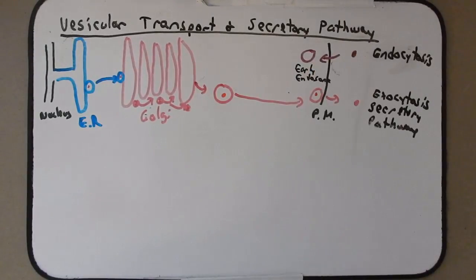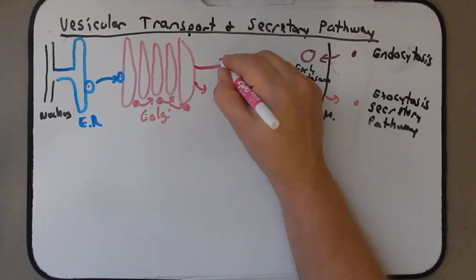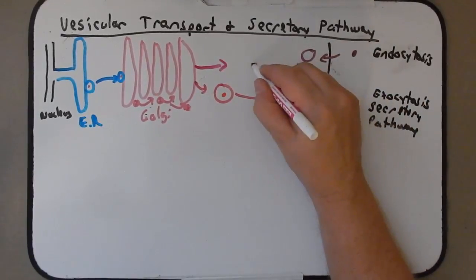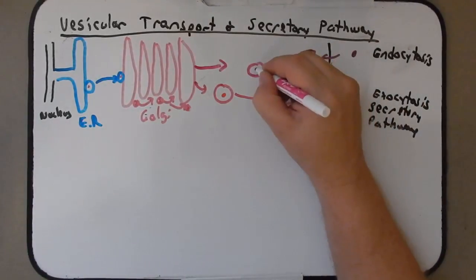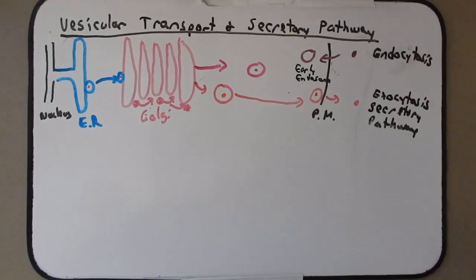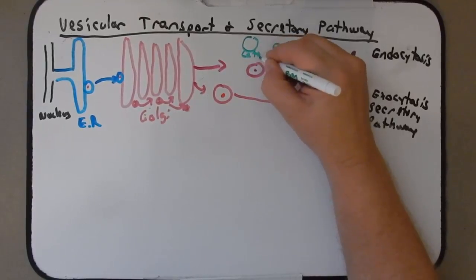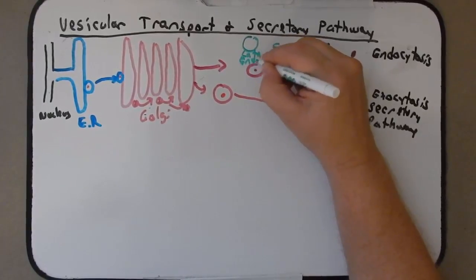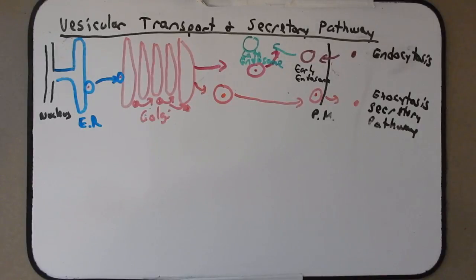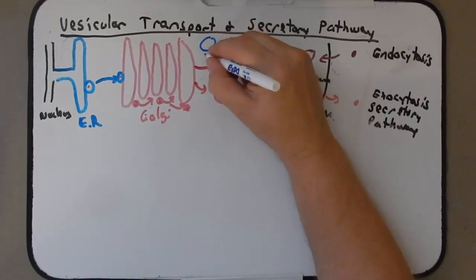It will then fuse with a vesicle coming from the Golgi, which probably has proteins in it, certainly would, and it will become a late endosome. This will ultimately mature into a lysosome.